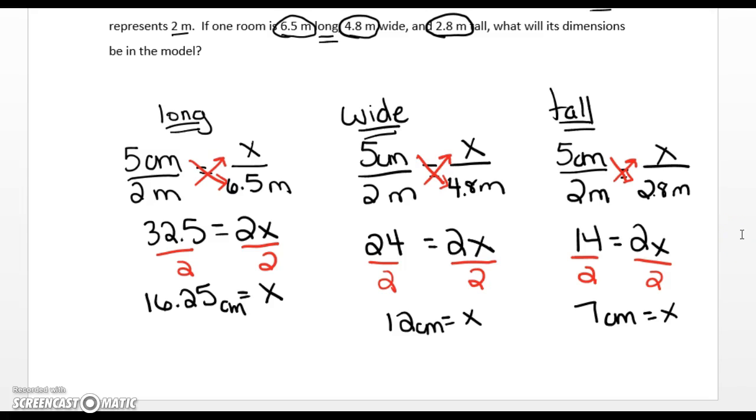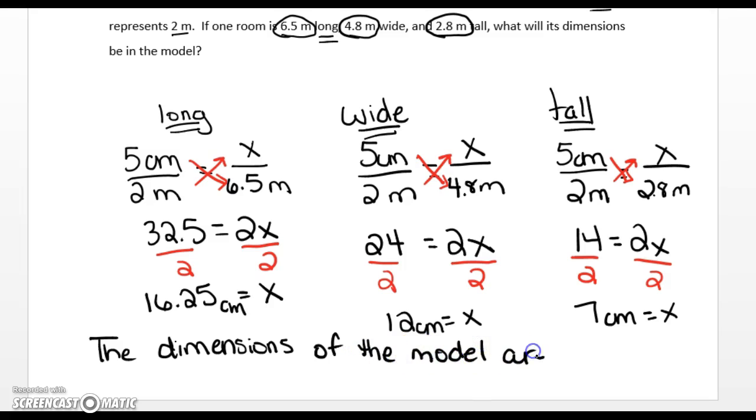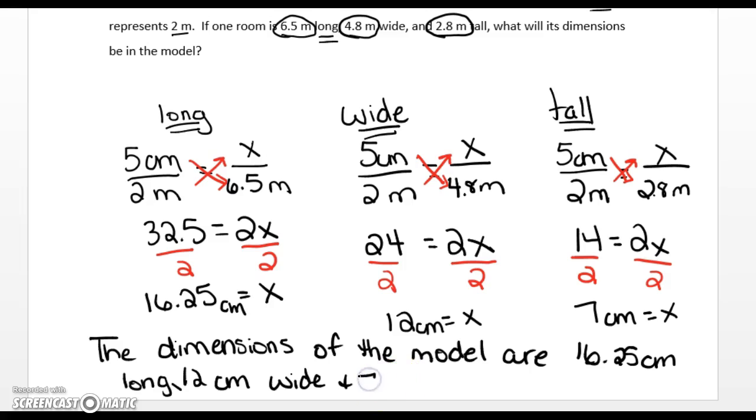So we can say that the dimensions of the model are 16.25 centimeters long by 12 centimeters wide by 7 centimeters tall. Once you finish that up, you have completely answered the question, then you guys are ready to move on to your next example.